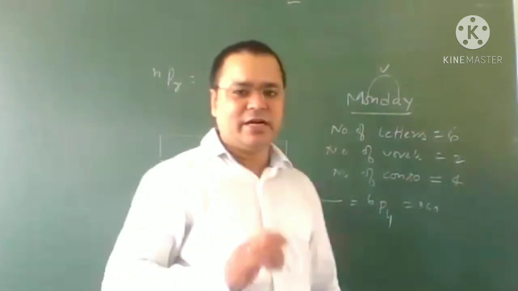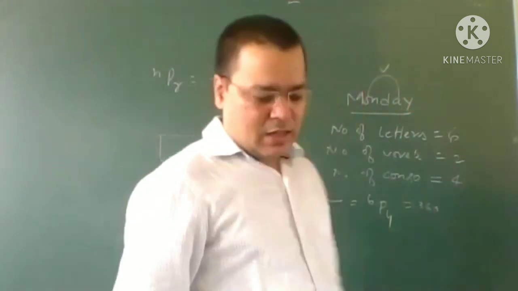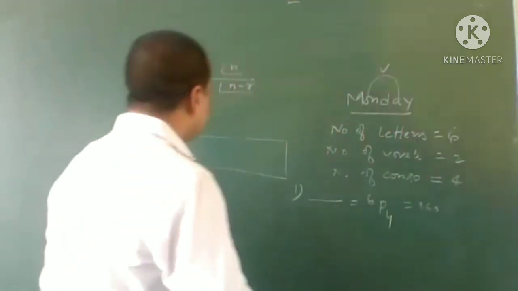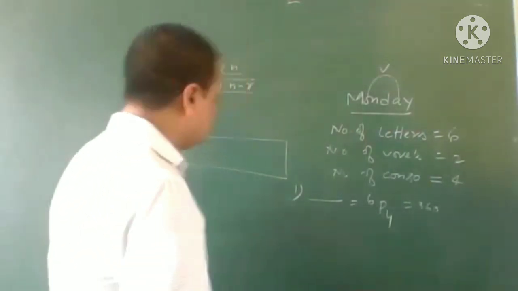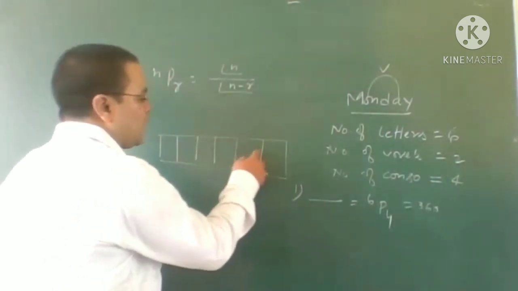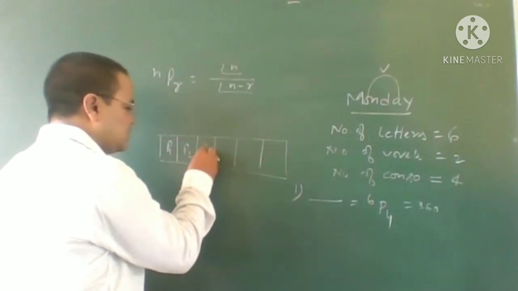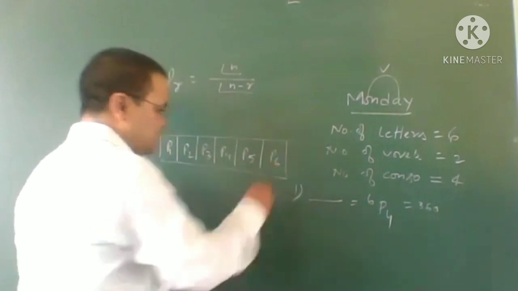There are 6 letters and we want to use all of them. There are 6 places: 1, 2, 3, 4, 5, 6. Place first, place second, place third, place fourth, place fifth, place sixth.